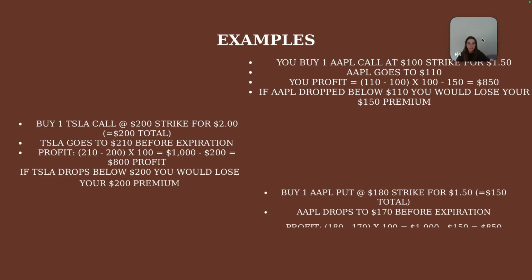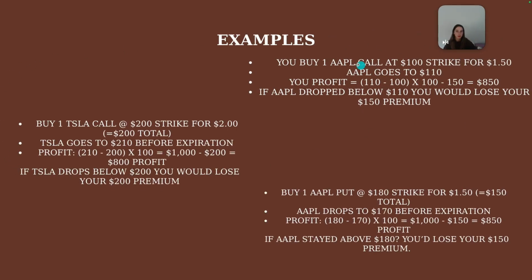So for some examples, let's say you were to buy an Apple call at a $100 strike and it cost you $1.50, so $150. Let's say Apple goes up to 110, you profit. So this is like a general explanation. Obviously, there are different factors that come into how much you would profit, but this is just an example.